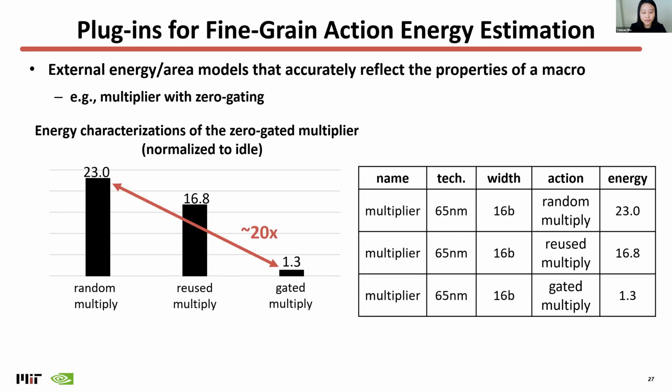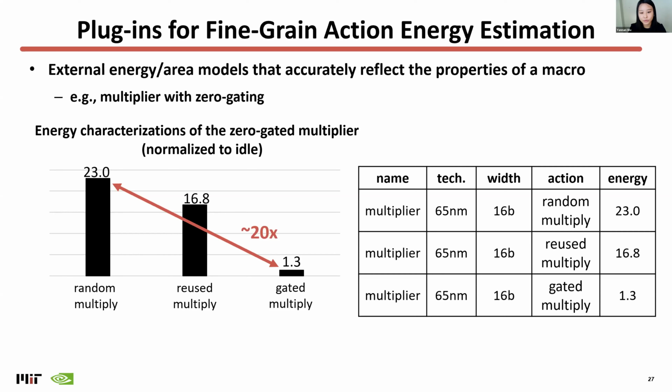Therefore, there is a reduced energy consumption related to this optimization. And the third type is the gated multiply, which refers to the fact that one of the operands to this multiplier is actually 0, and therefore the entire multiplier is zero gated, resulting in idle wires basically everywhere in the multiplier.